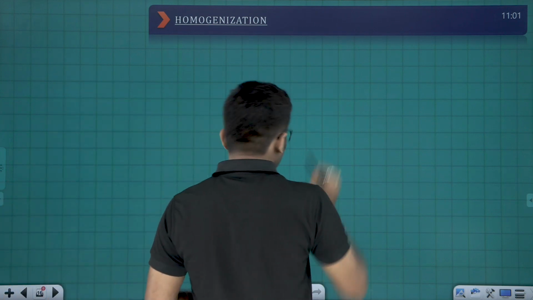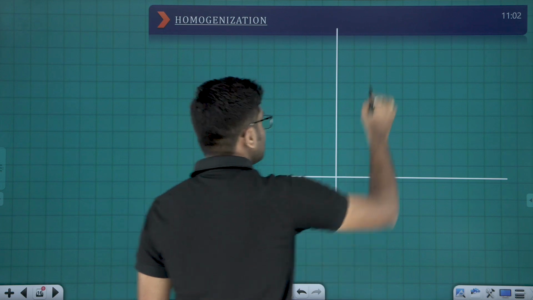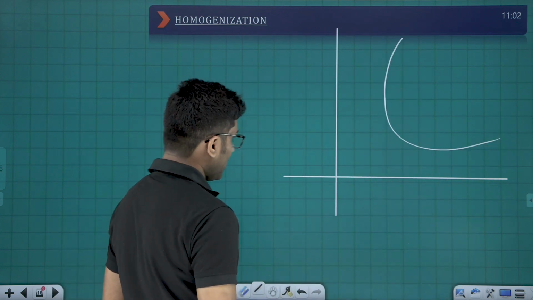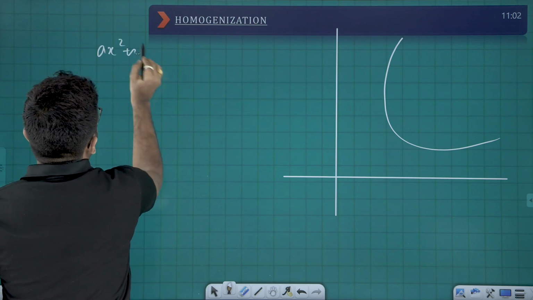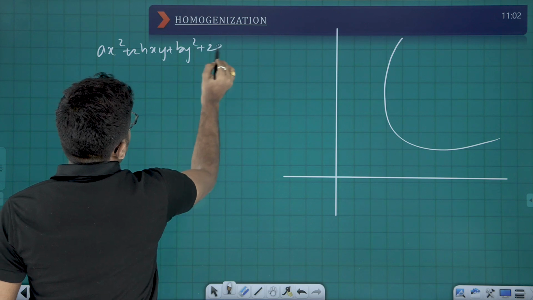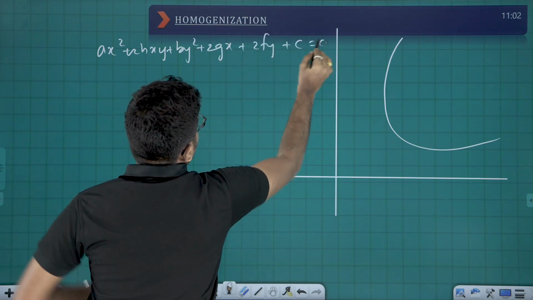Next, homogenization. Homogenization means we have a curve. Let's say the equation of the curve is ax square plus 2hxy plus by square plus 2gx plus 2fy plus c equals 0.